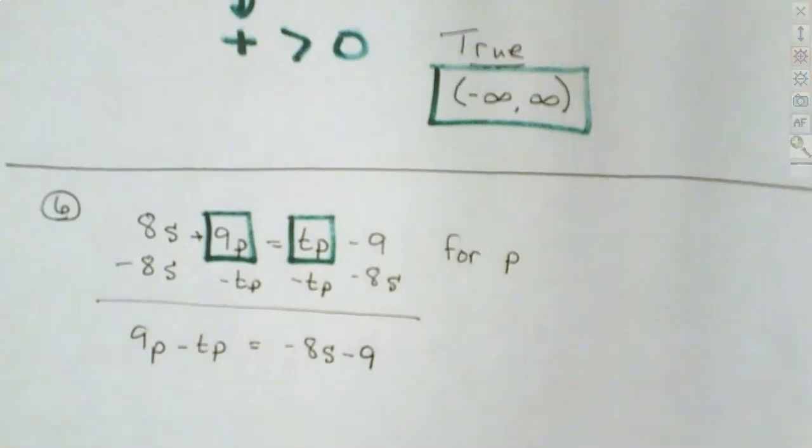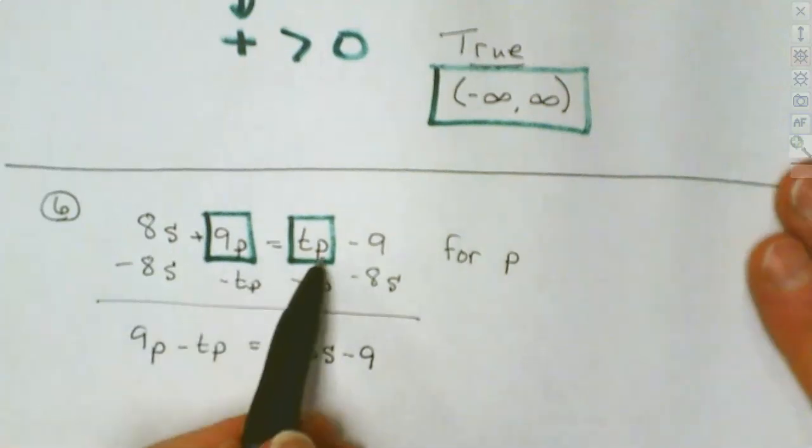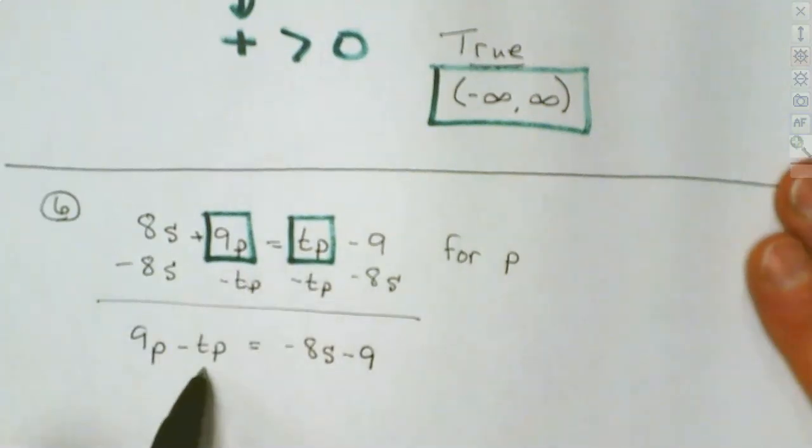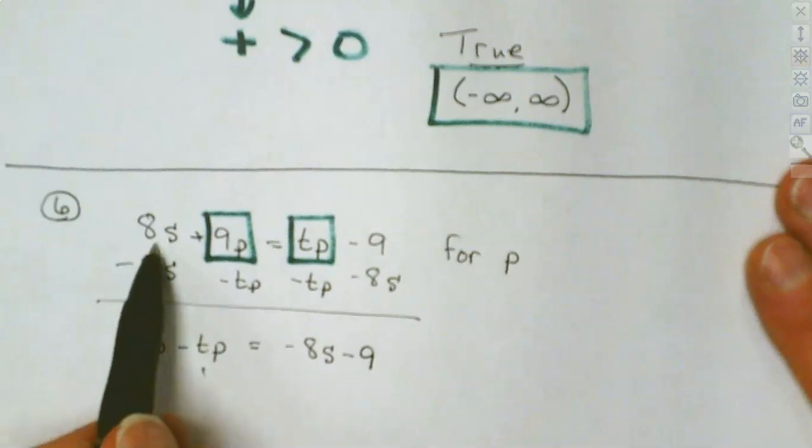So what did I do? Let's take a moment to talk about this. You could do it in 2 steps if you want, but what are we trying to do? We are trying to get everything that has a p on the left-hand side. So I move that t times p over. And that 8s, does it have a p attached to it? No. So it moves to the right.